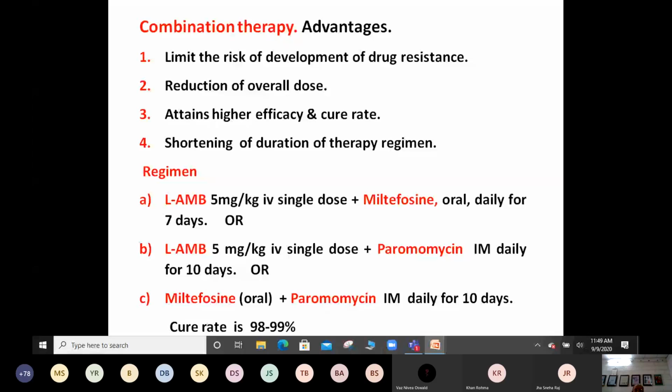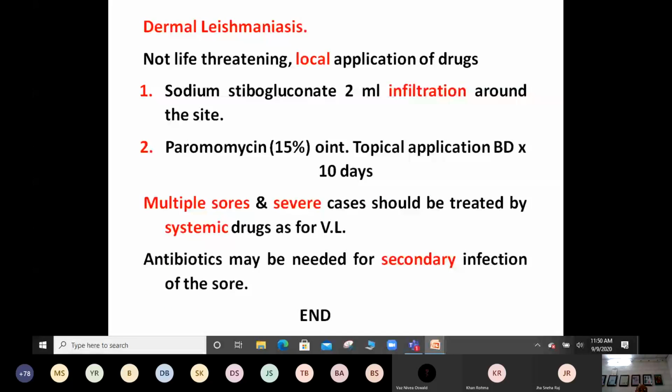Dermal leishmaniasis, where you can see the ulcers, sores. Now what is the treatment? Kala-Azar is life-threatening, whereas dermal leishmaniasis is not life-threatening. It is not an emergency. Local application of the drug is enough. Topical application.